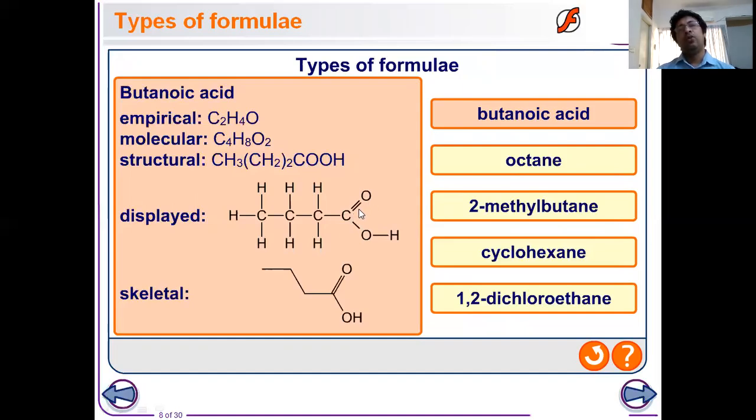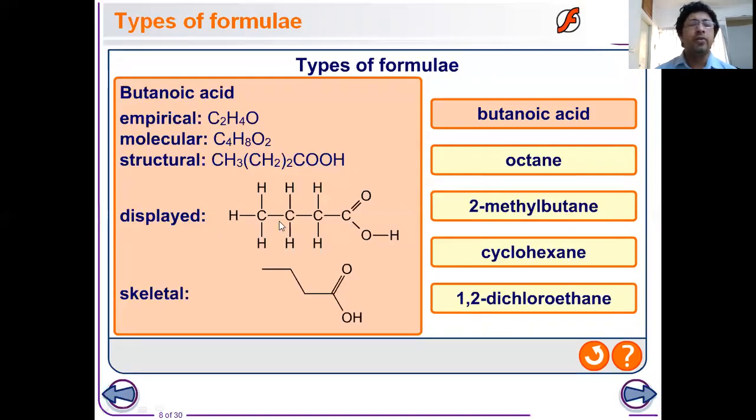So this COOH, that means CO and OH, these two functional groups are present here, as shown in the figure. So this displayed formula of butanoic acid can be written in this way.